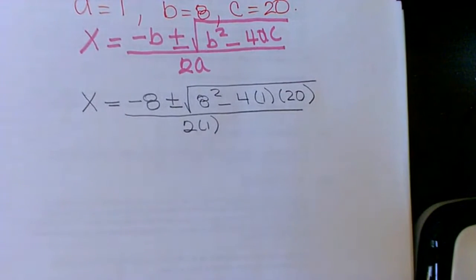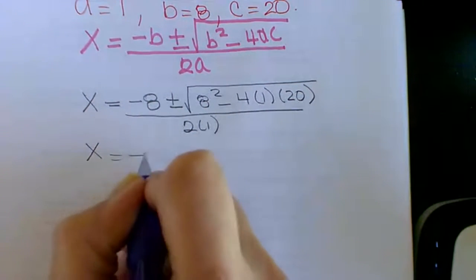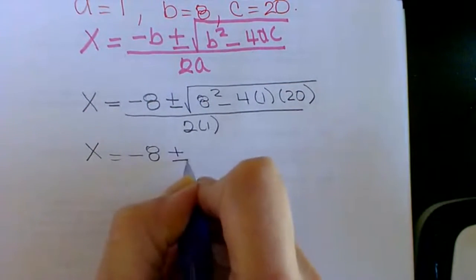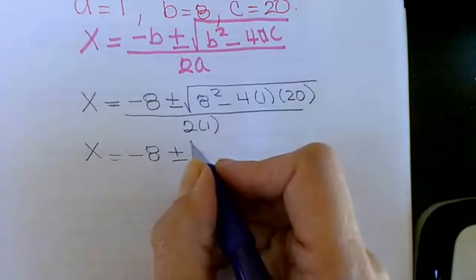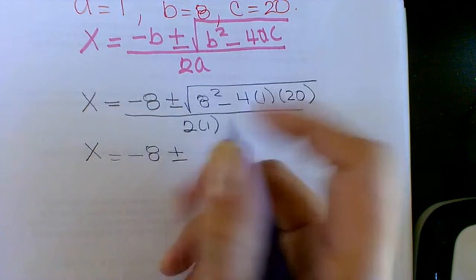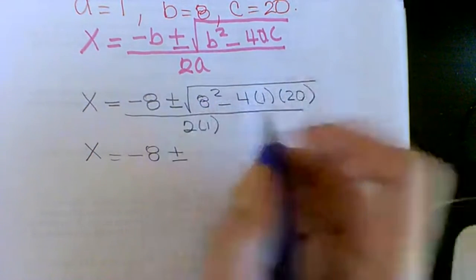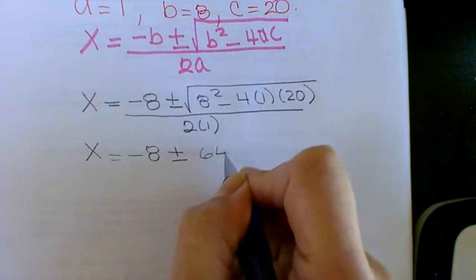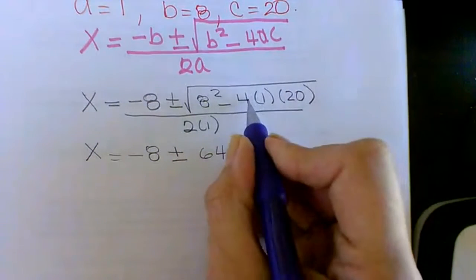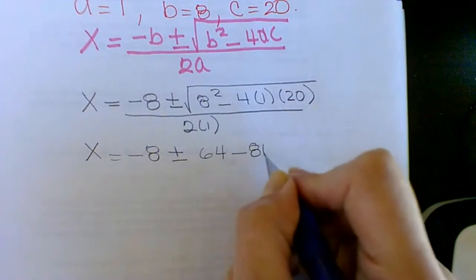Right? Now, 8 times 8 is 64. And 4 times 20 is 80.